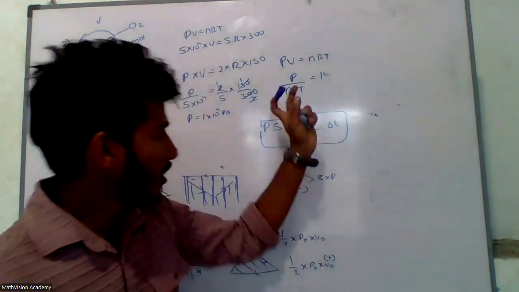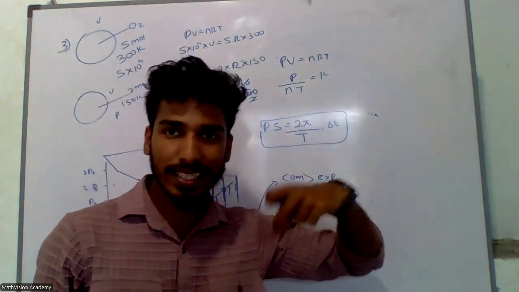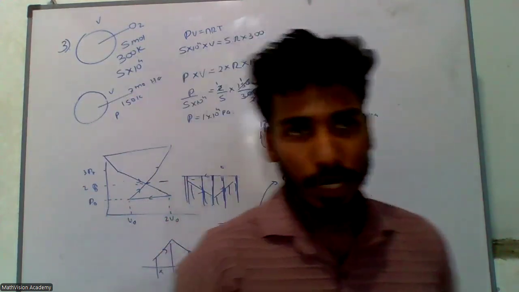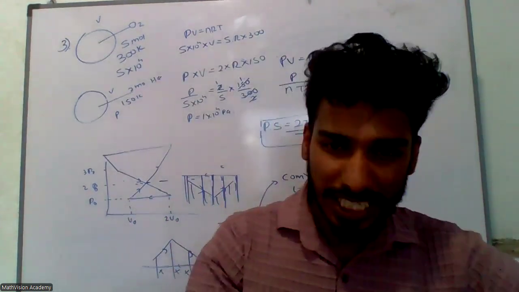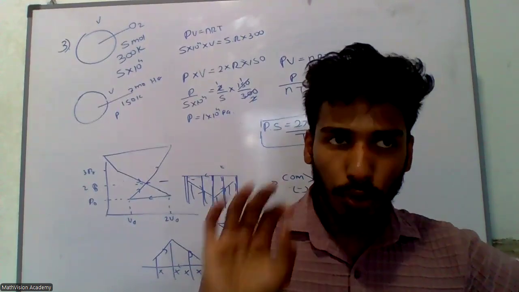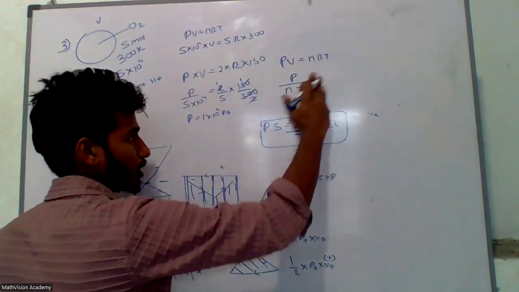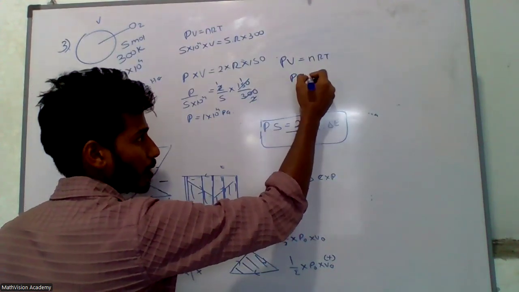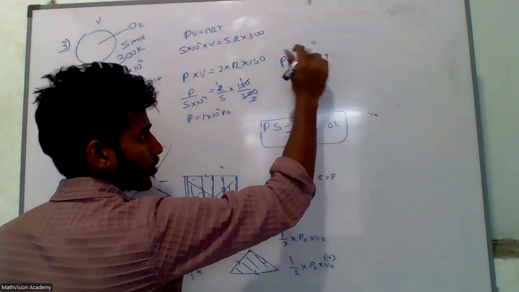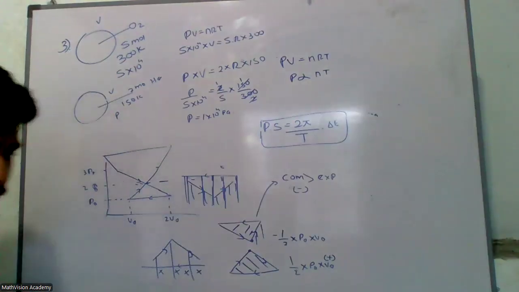Okay, so then you can substitute. Here you will feel like it is the same. I will get you a hydrostatic question from a past paper. Without writing the equation, learn to write these proportionalities. Pressure is directly proportional to n into T because these two are constant.